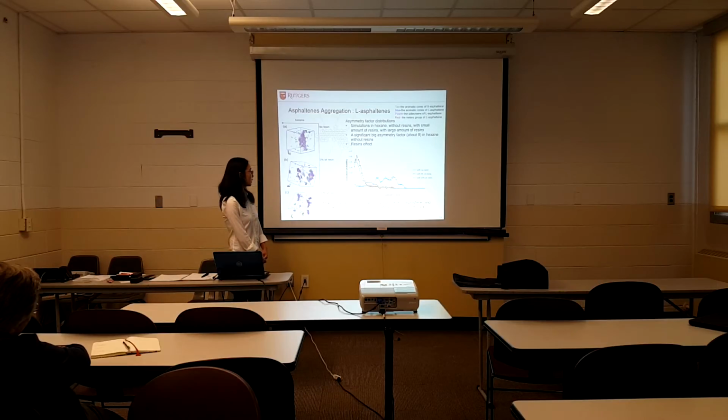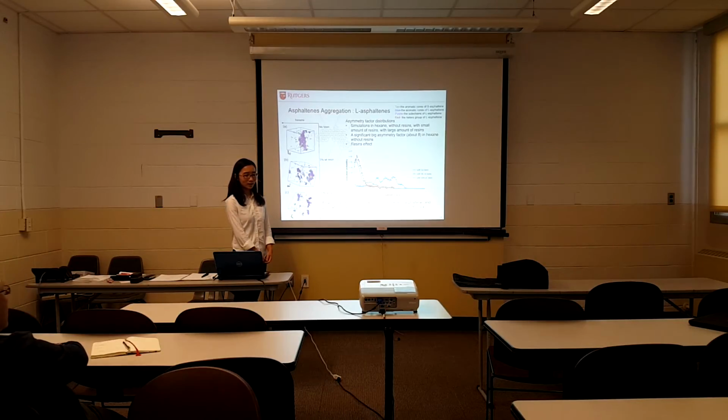From the final configuration, it can be found that the large asphaltenes can form some crystal structures, and the stacks they are forming are highly organized, and this can even be considered as some crystal.